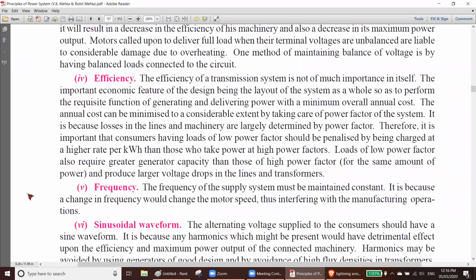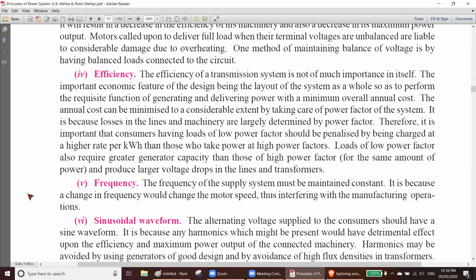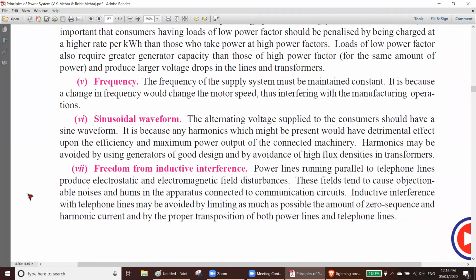Efficiency, obviously your efficiency should be higher, otherwise the loss will be there, right? Frequency must be maintained. You need 50 hertz, that means it should be 50 hertz. It cannot be 52 or 48. Sinusoidal waveform, your waveform must be close to a pure sine wave. It cannot be a modified sine wave, or a square wave.